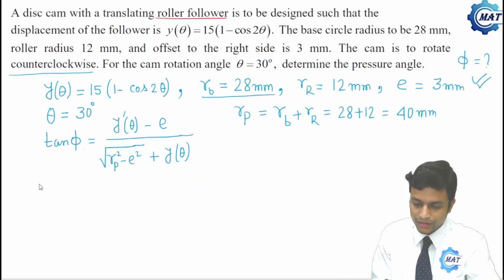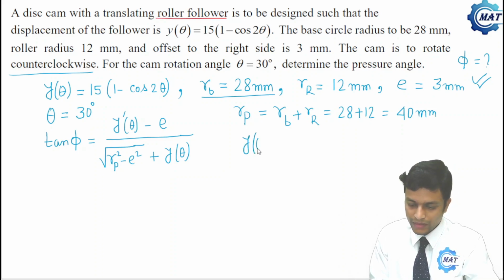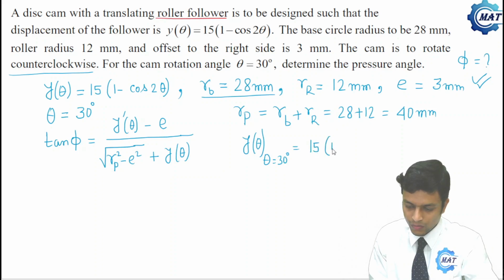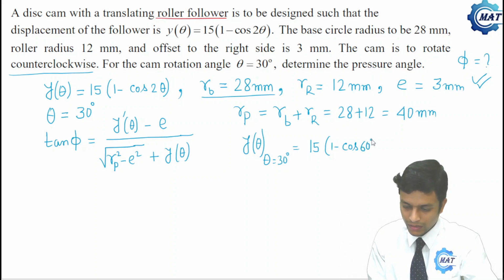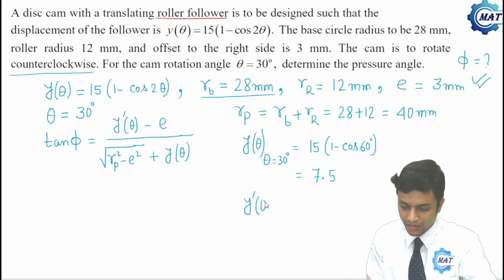Now let us find y of theta at theta equal to 30 degrees. That is 15 times (1 minus cos 60 degrees). Cos 60 is half, so 15 into half is 7.5. What will be y prime theta?